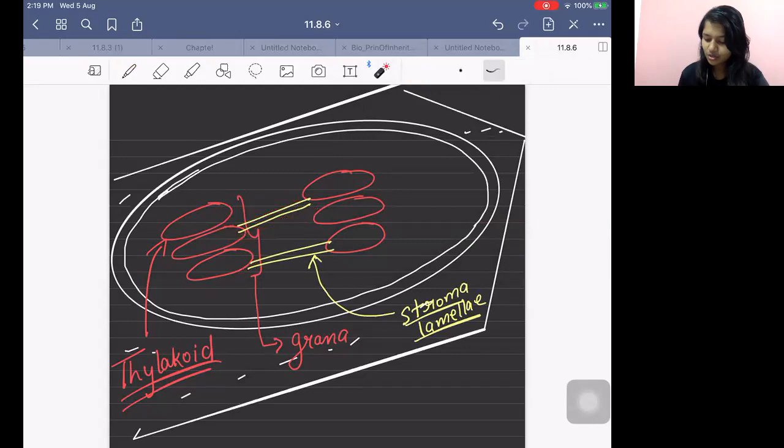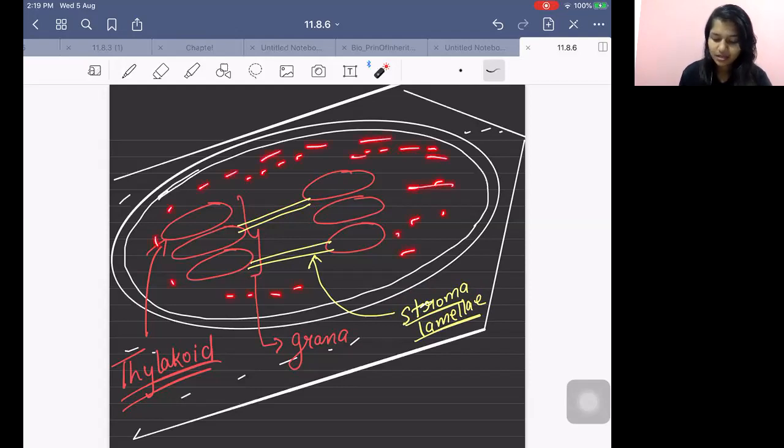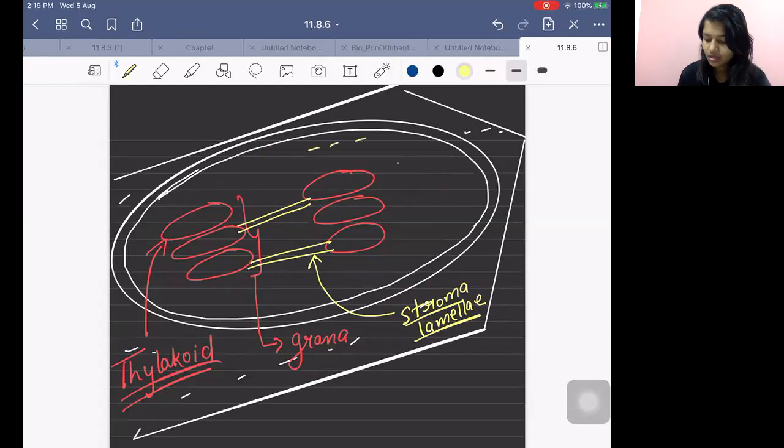Now, from where is this stroma term coming? The lamellae is present in the stroma, which means this part, the matrix of chloroplast, you will call it stroma.